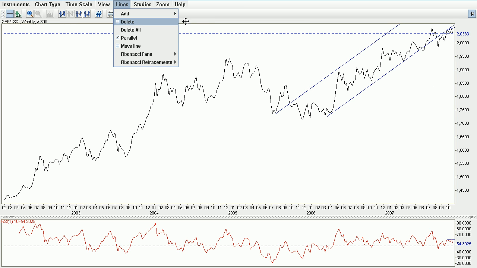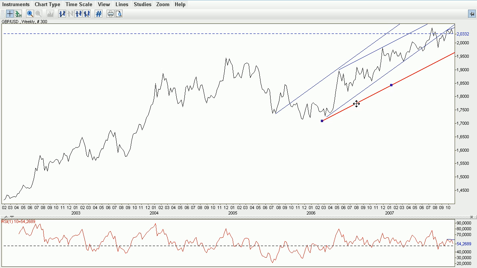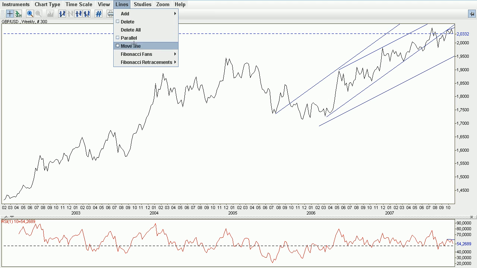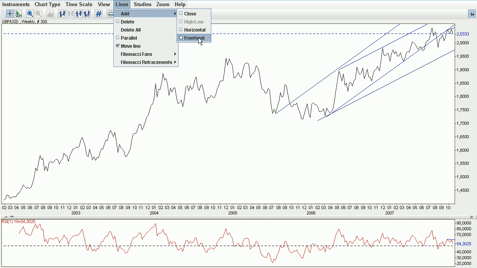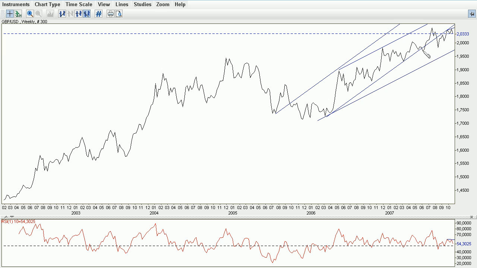Then another channel might be this one, which hasn't been broken yet. You construct those lines like that. Alright, so in order to see a significant change of trend, we need to first spot a break below this level, which is our initial price target on the weekly time scale.